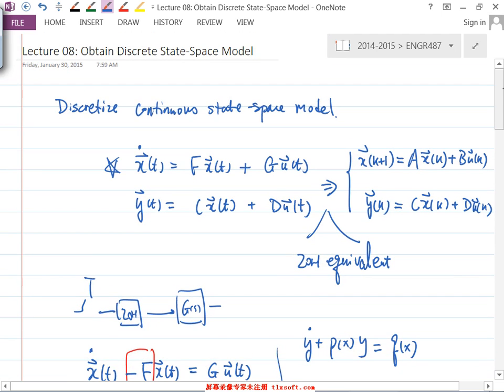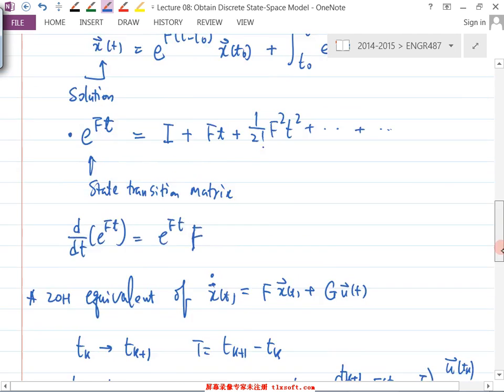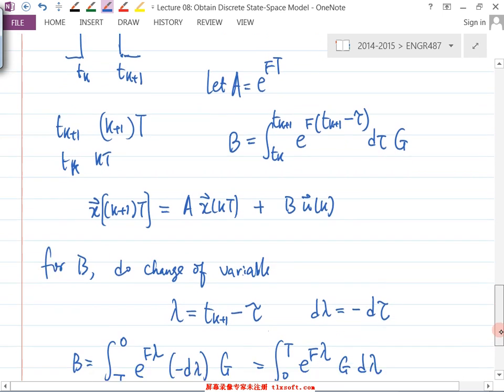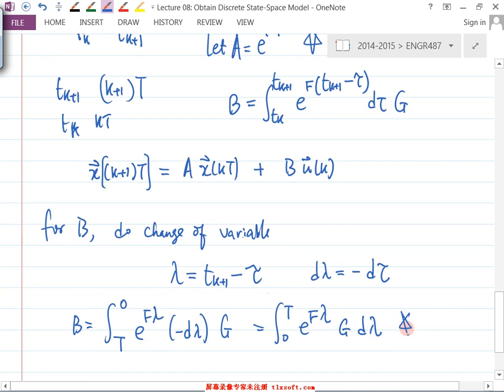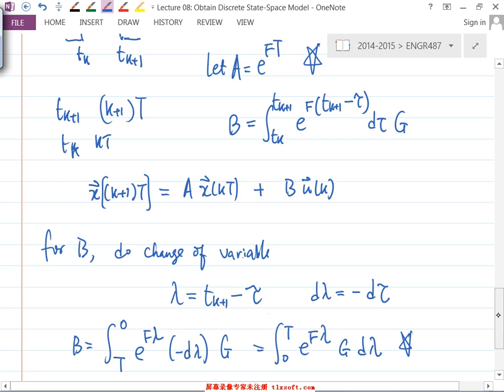Back to the original one, how do we get the discrete state space model? We need to obtain the a and the b, and the a and the b expressions are, this is one here, and this is one here. There's two. That's it.